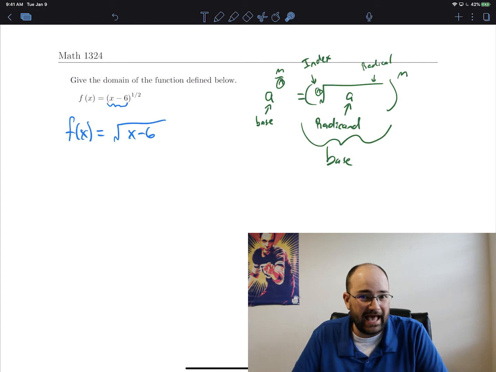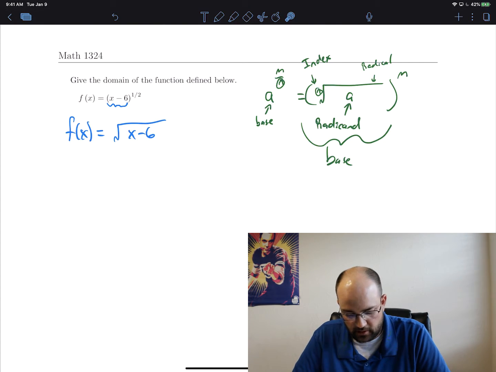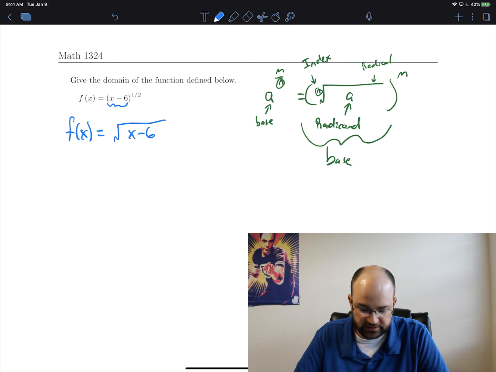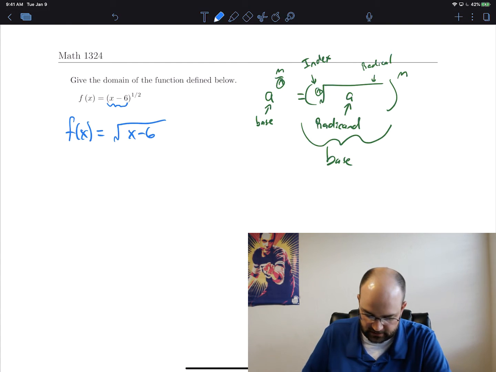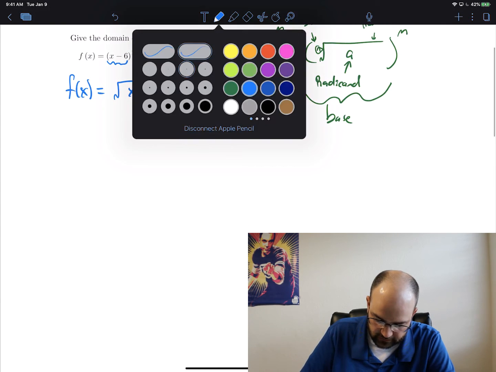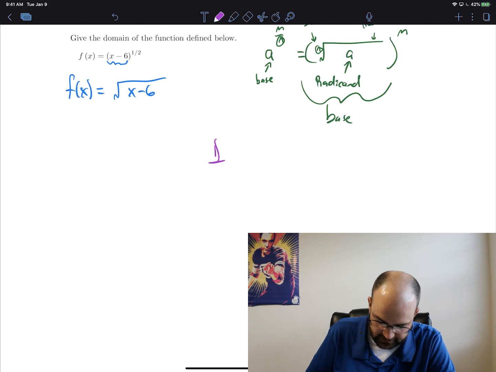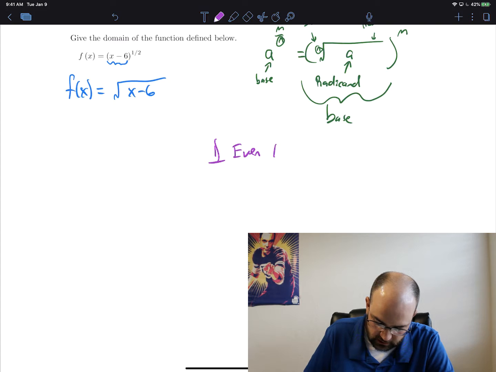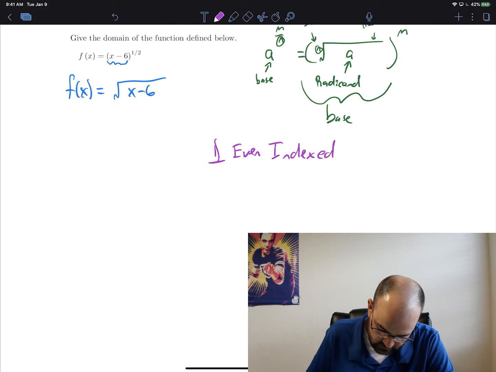Now that we've seen what this actually means, we can talk about the domain. There are going to be two things that limit our domains, and you're actually seeing one of them right here. The first thing that's going to limit our domains will be what I call even radicals, or let me be a little bit more clear, even indexed radicals.